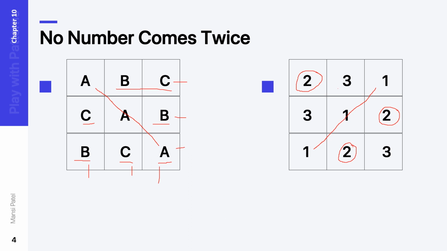Now the boxes which are remaining, in all the rows and all the columns, just write down the other numbers, that is 3, 3 and 3. You can make your own pattern, but one thing should be remembered, that the number should not come twice.